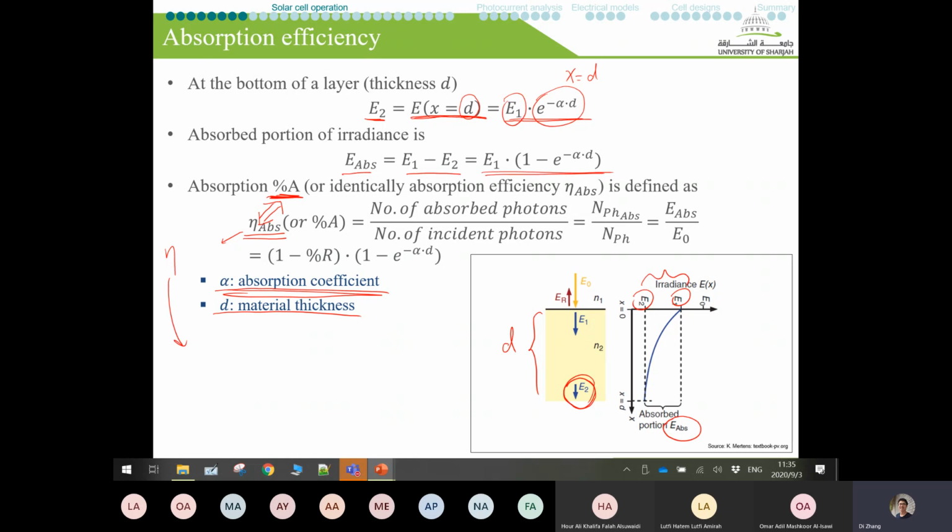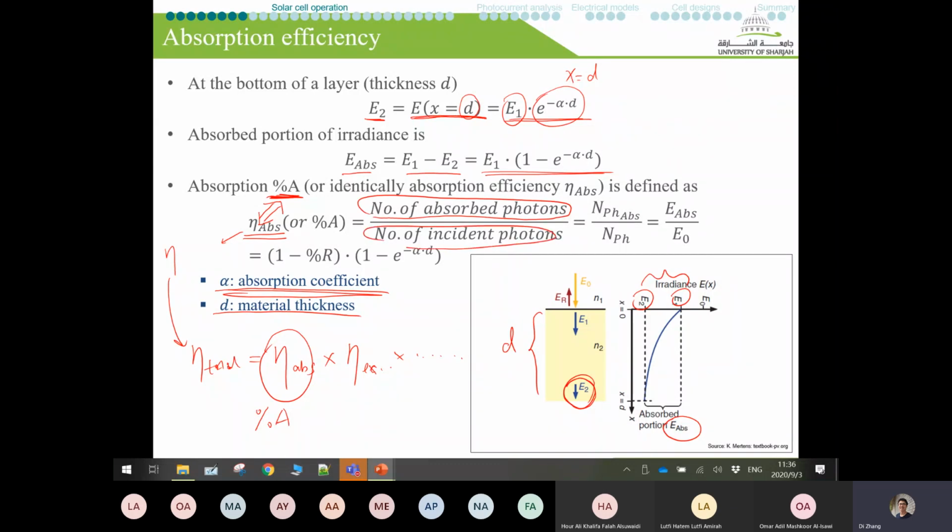Remember that we said the total efficiency equals the absorption efficiency times the excitation efficiency times, etc. The first term, the absorption efficiency, is directly our percentage A, because it means the percentage that can be absorbed by the material. If you want the detailed definition, it should be the number of absorbed photons over the number of incident photons.